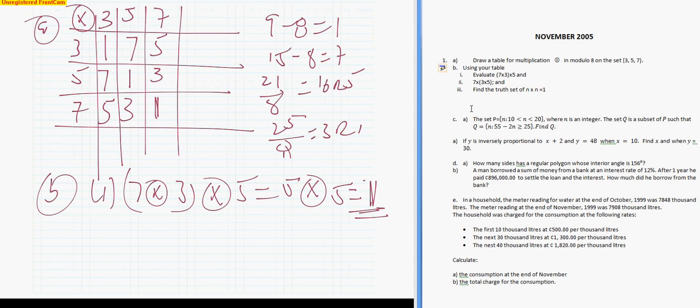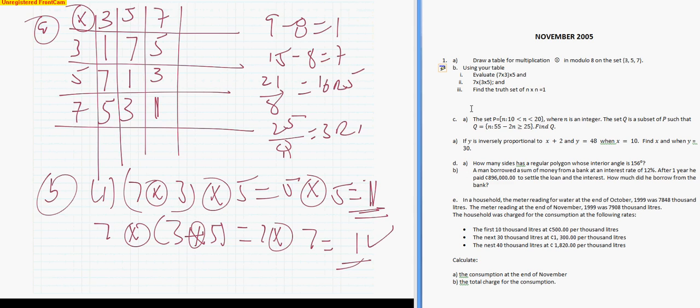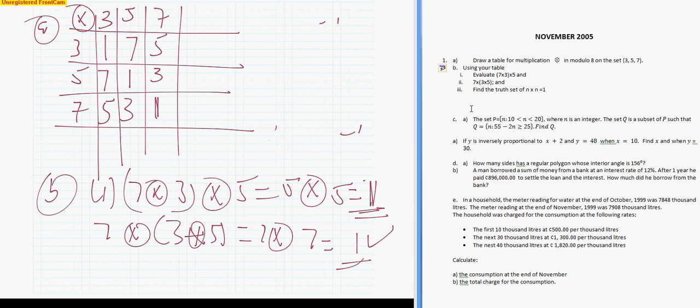Now the next one is 7 times 3 times 5, which is 7 times 7, and 7 times 7 is also equal to 1. So they are trying to test your ability to use the distributive property of multiplication. And then let's do the next part. I'm going to clean this side here and do the third one.